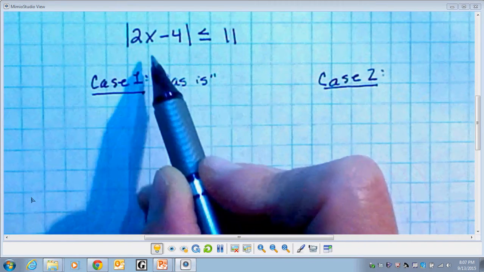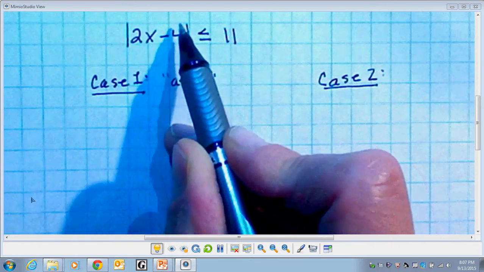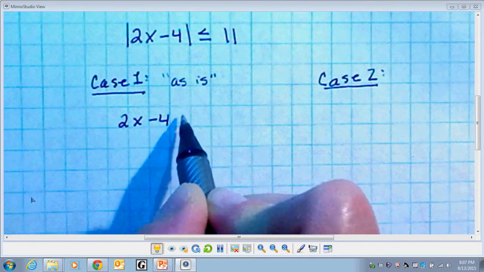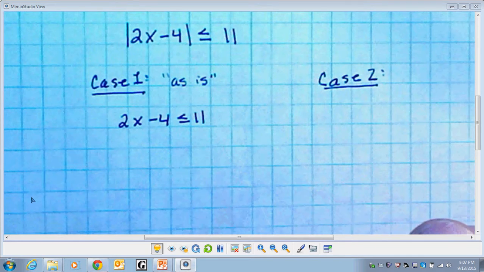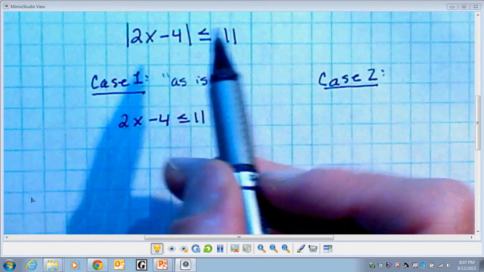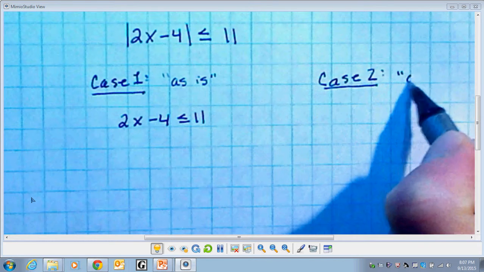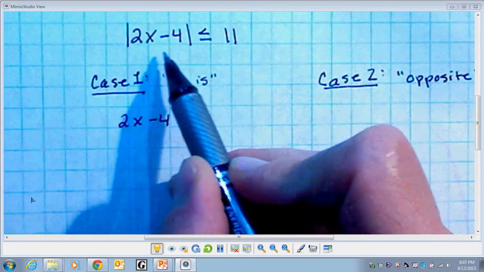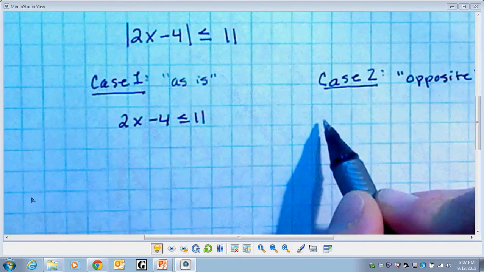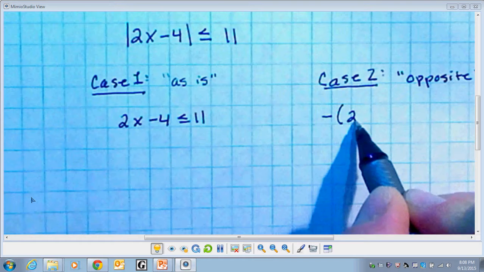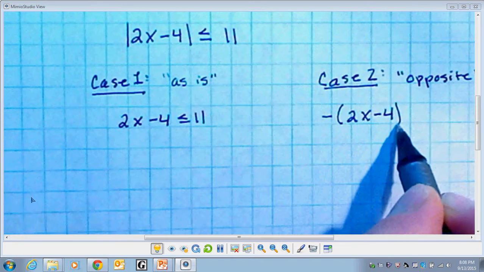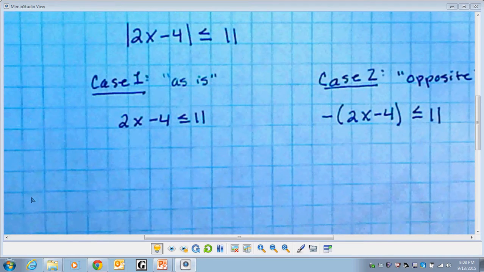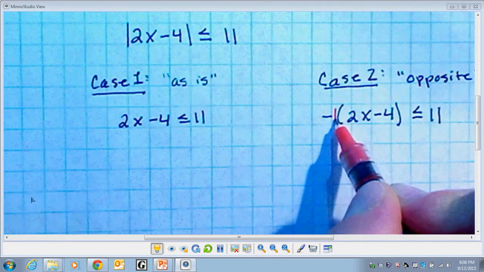When I say as is, what's inside the absolute value just comes out exactly as is. Notice I haven't changed anything. Case 2 is the opposite. So I take the opposite of what's inside, the opposite of everything inside that absolute value. And remember that this negative is the same thing as a -1.